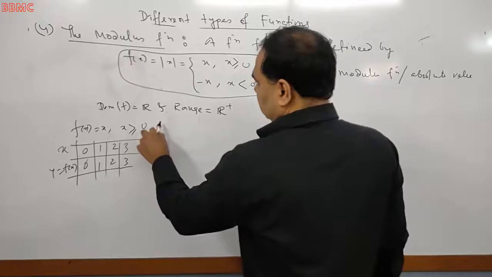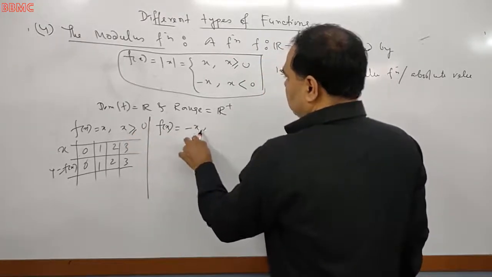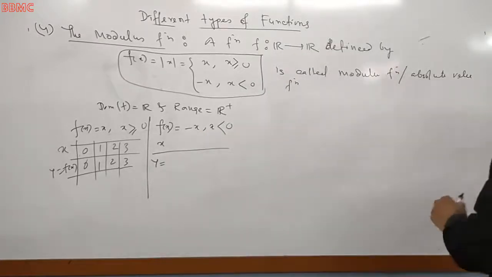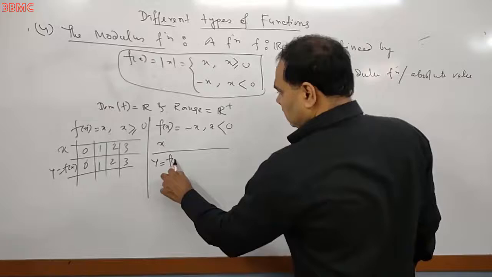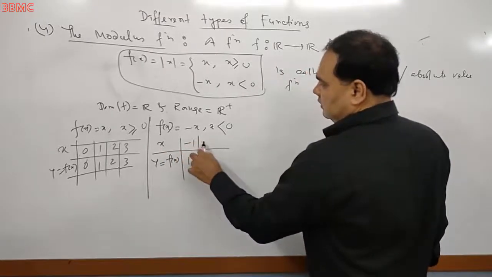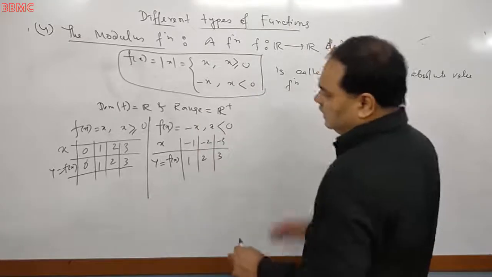Similarly, f(x) is equal to minus x when x is less than 0: minus 1, 1; minus 2, 2; minus 3, 3, like that.